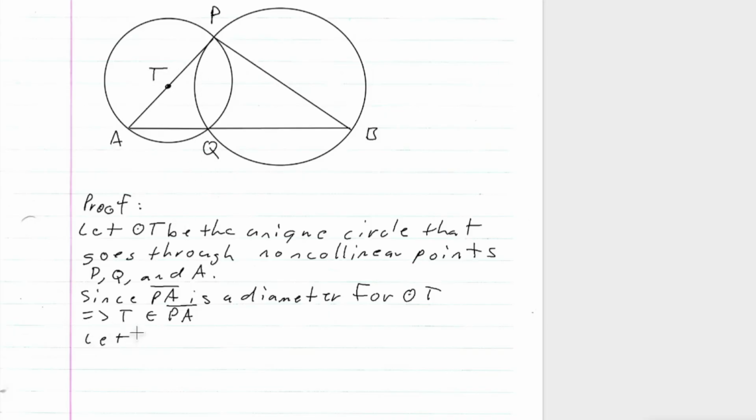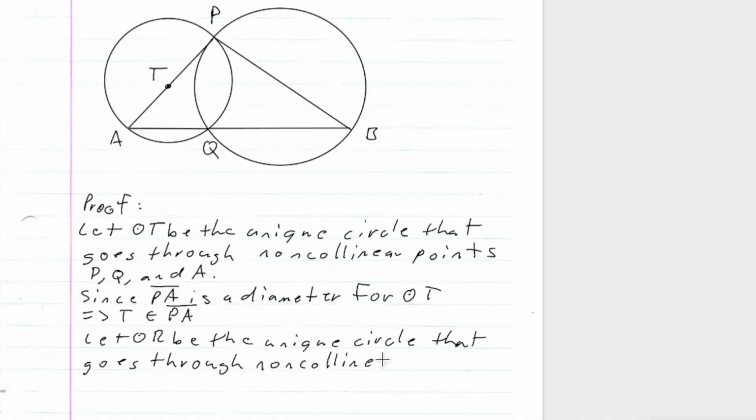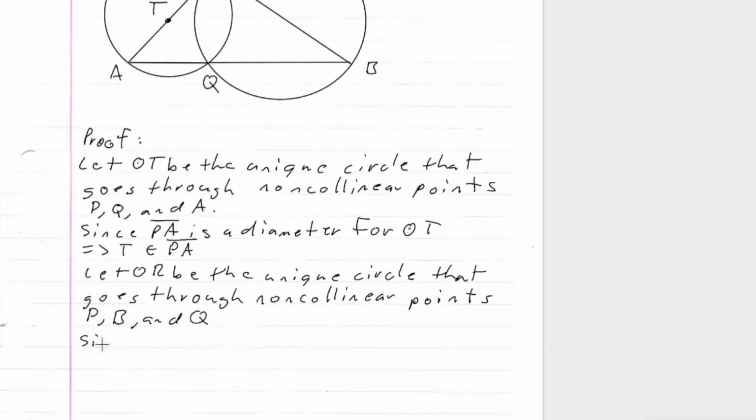Similarly, we're going to let circle R be the unique circle that goes through non-collinear points P, B, and Q. Since PB is a diameter for circle R, this implies that R is an element of PB.